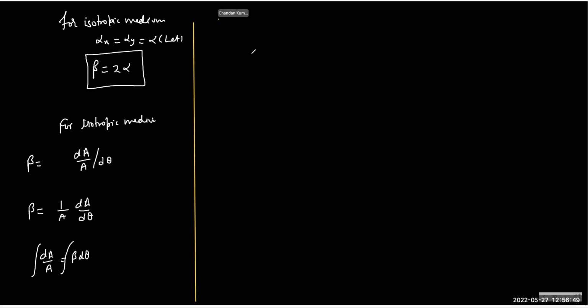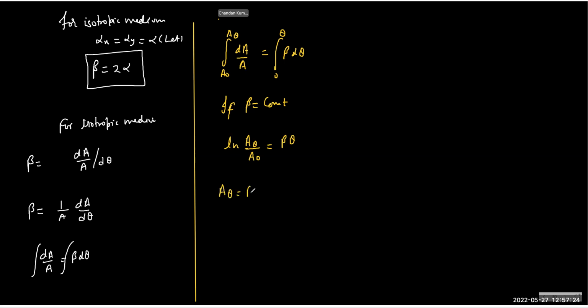So that's why I cannot write something like this in the beginning. So for isotropic medium, you can write like this, and then if you want to integrate, you can integrate. So A naught to A theta, 0 to theta, and if you take beta as constant, then ln of A theta by A naught is beta theta, and then you can say A theta equals A naught e to the power beta theta, and then you can expand and so on.